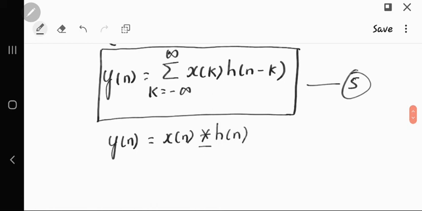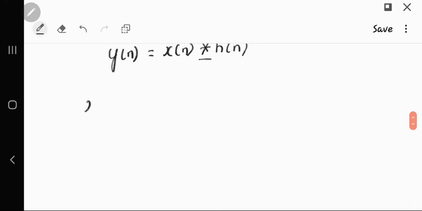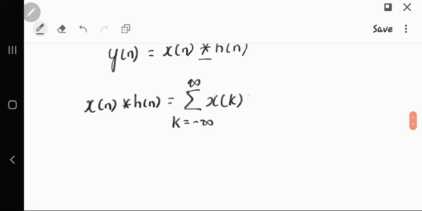This star symbol represents convolution here. So, therefore, equation 5 can be written as x of n convolved with h of n is equal to summation k equals minus infinity to plus infinity x of k h of n minus k. So, this is the expression for convolution sum.